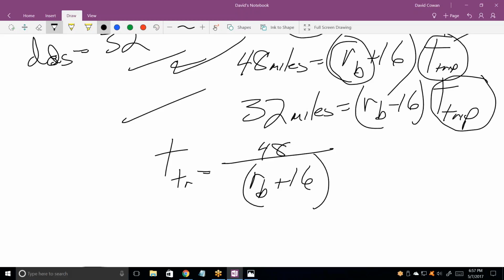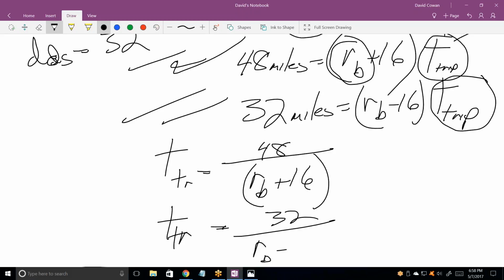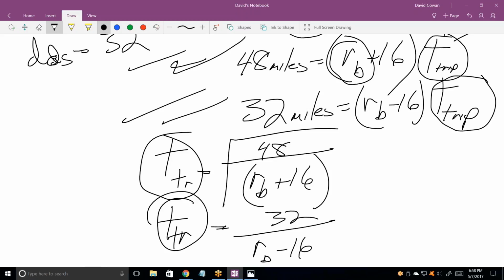In the second equation, the time of the trip is equal to 32 divided by r sub b minus 16. And the one thing they told me is the time of the trip is the same. That means this is the same as this.